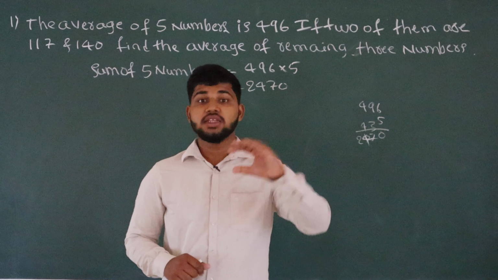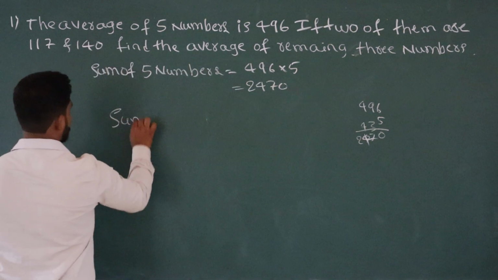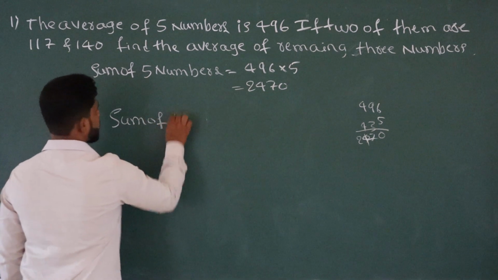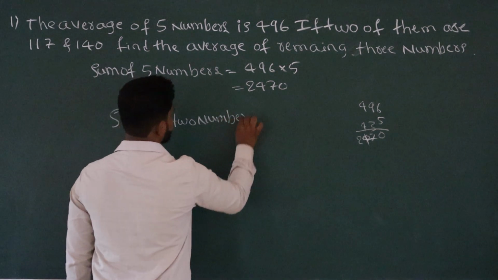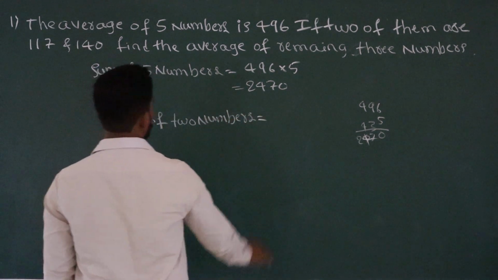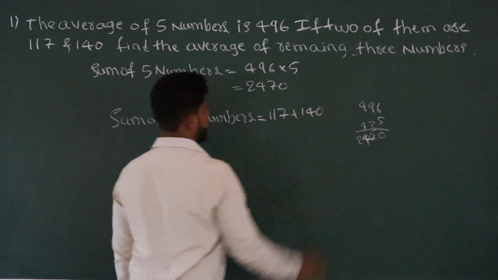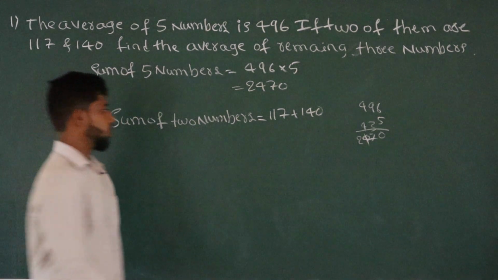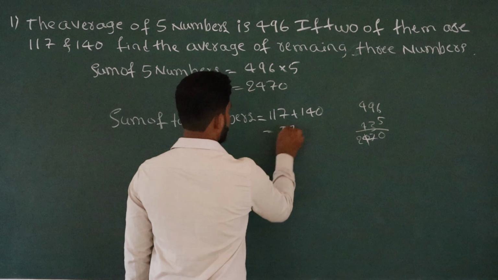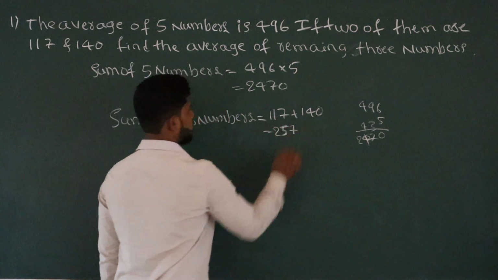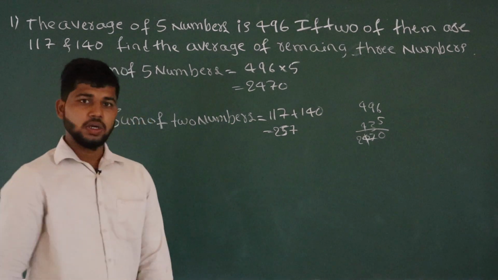The sum of the 2 numbers is 117 plus 140. If you add these 2 numbers, you will get 257.